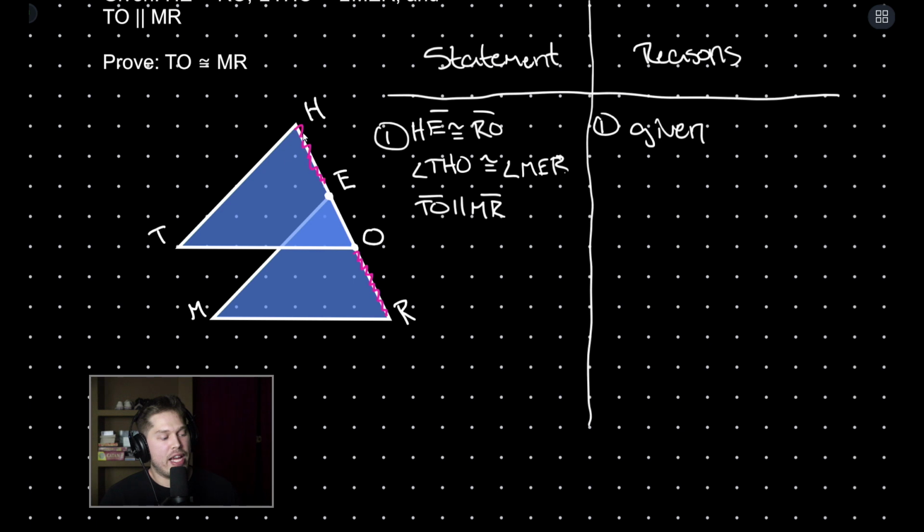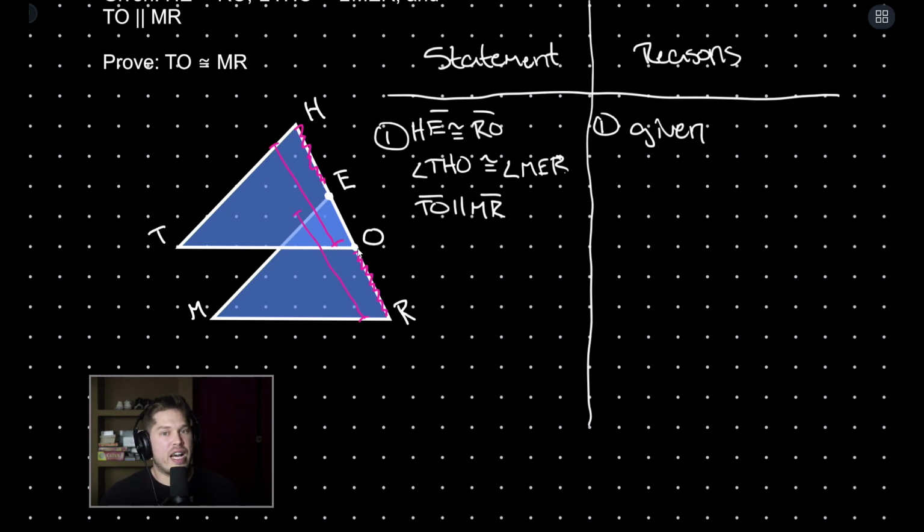If we're told that HE and OR are congruent, then I know that the full side length HO and the full side length ER are also going to be congruent because they have this shared overlap of EO.